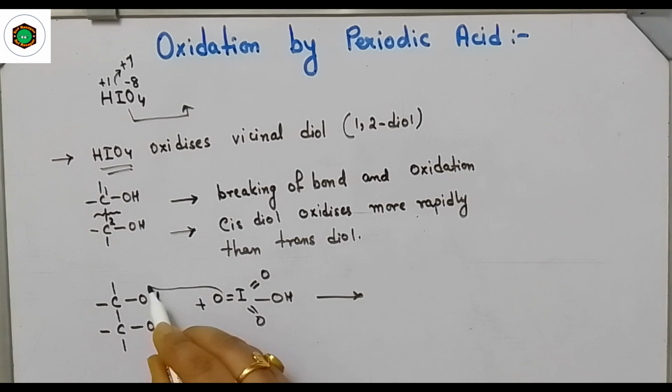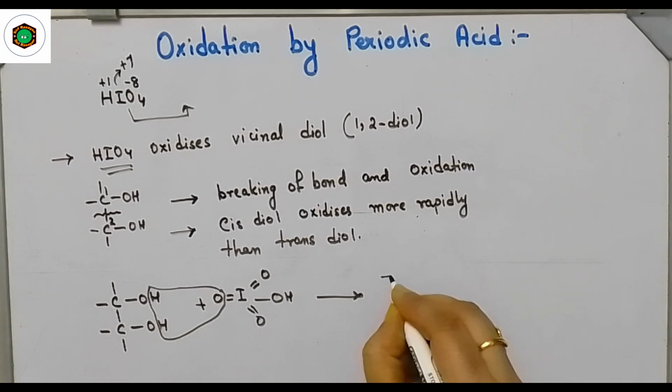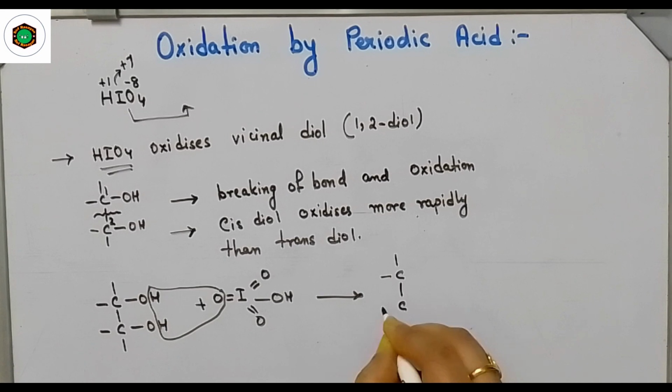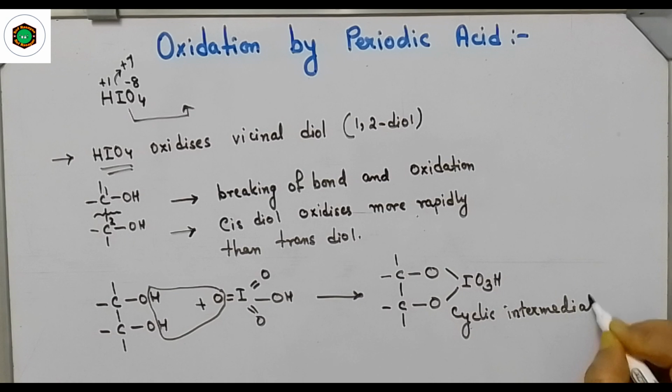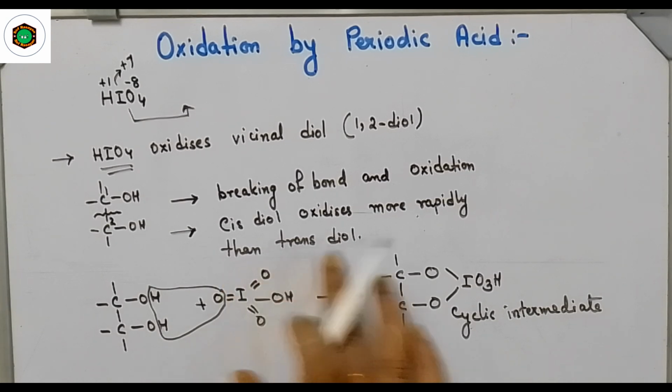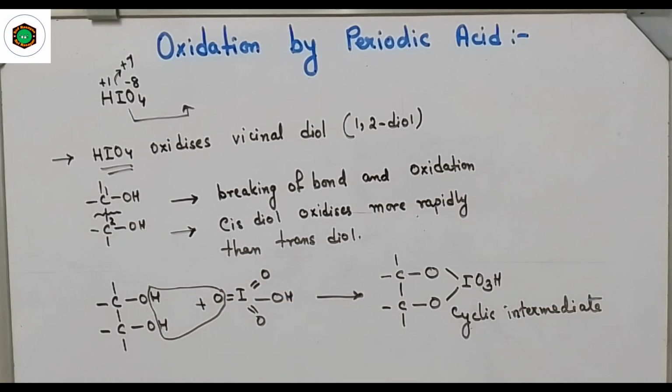Removal of water takes place. 2 H and 1 O will go and first you will get one cyclic intermediate. Then IO3H. This is called cyclic intermediate. Now see, if two OH groups are not cis, if they are not at the same side, then it will be difficult to generate this cyclic intermediate.